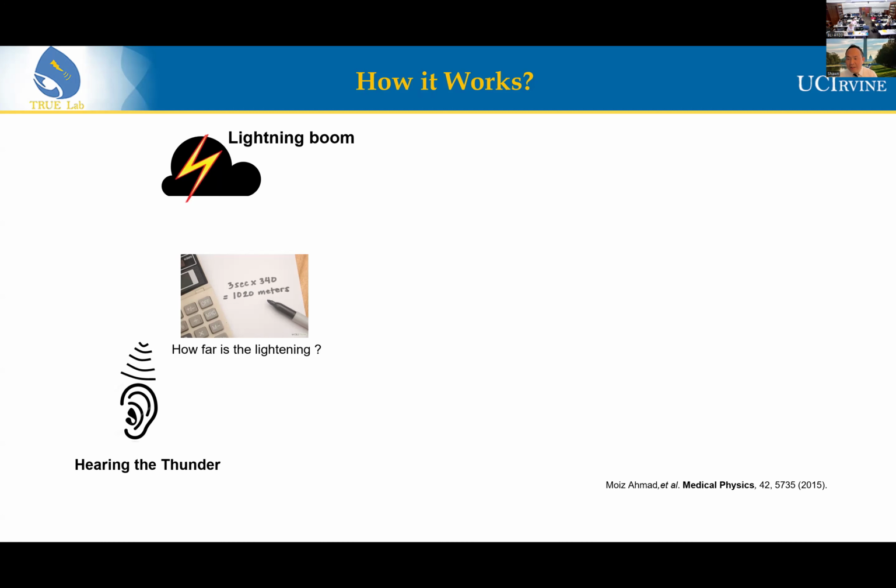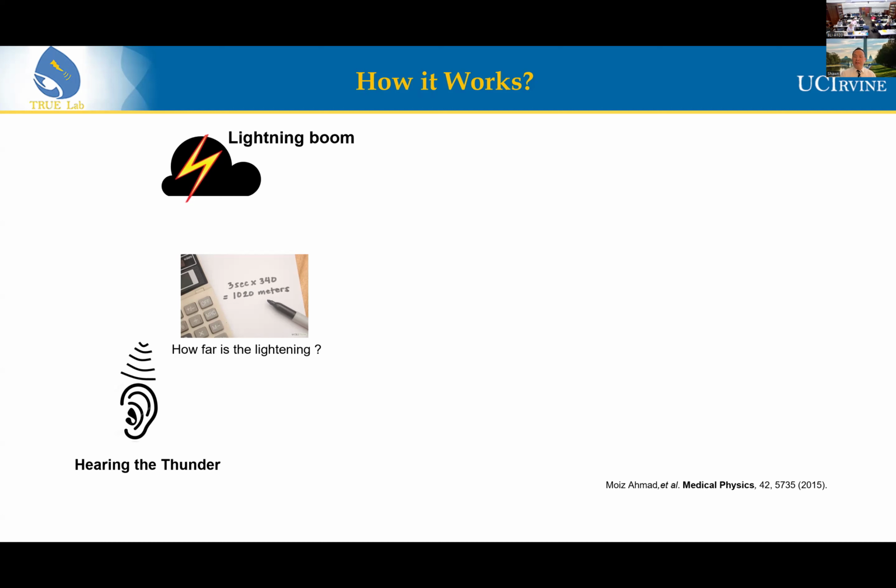Anyone want to be the volunteer? 2 kilometers. Yeah, it's roughly half of that, around 1 kilometer. The reason is, unlike ultrasound where you have pulse and echo, in this case, whenever they produce the sound, it reaches to us.